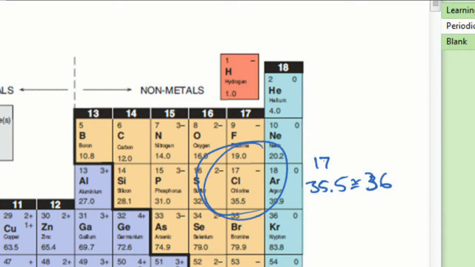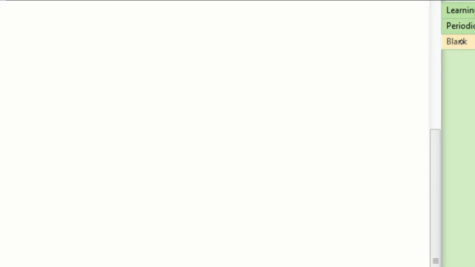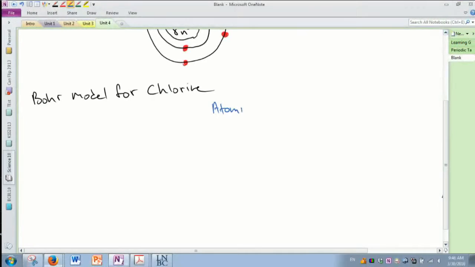All right, so the atomic number is 17. The mass is 36. So I'll jump back to this blank here. Atomic number, 17. Atomic mass is 35.5, which we're going to round to 36.